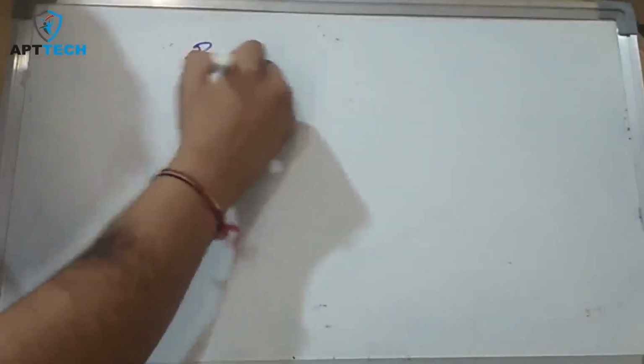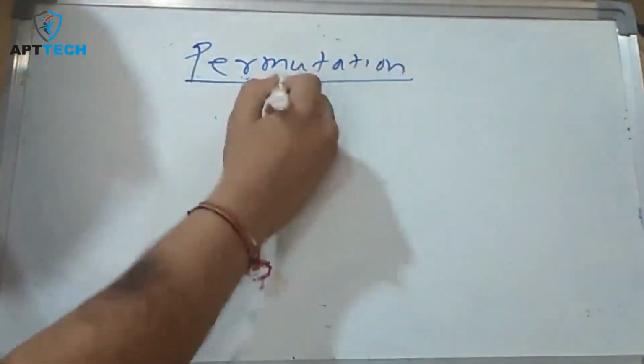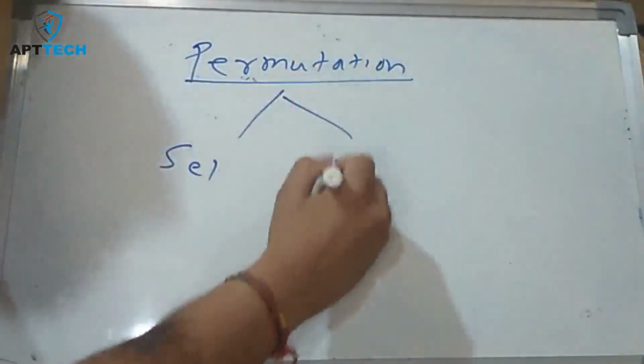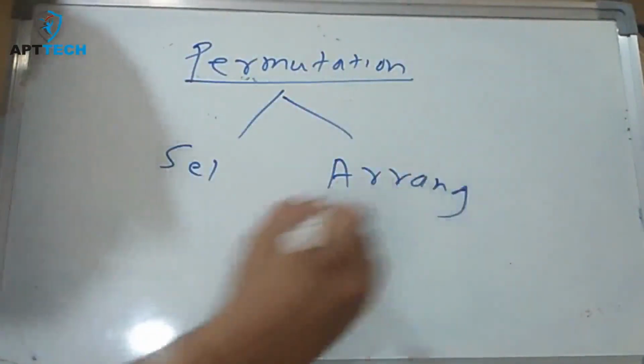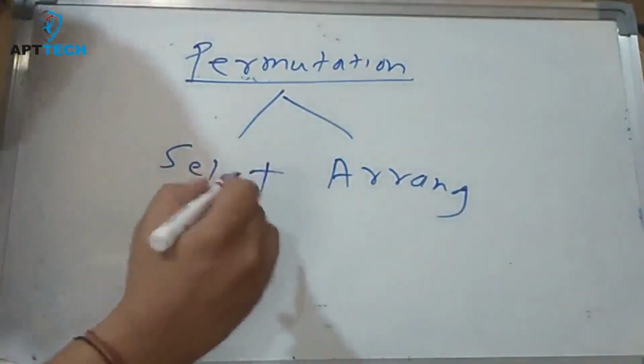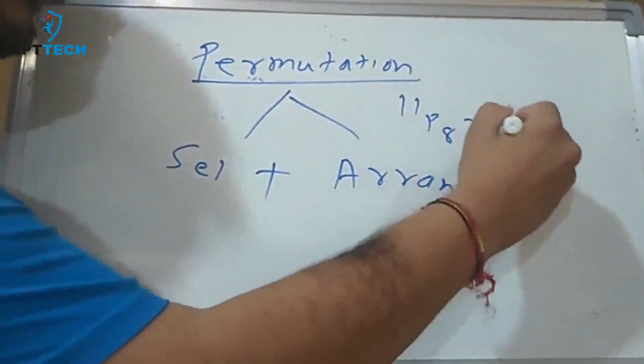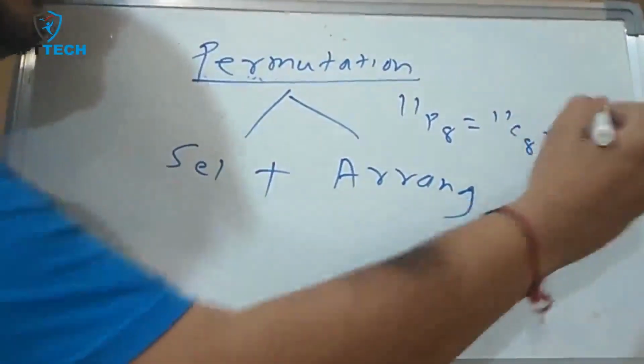Basically, permutation happens if both selection and arrangement come in the picture. What we have understood is that 11P8 is nothing but 11C8 into 8 factorial.